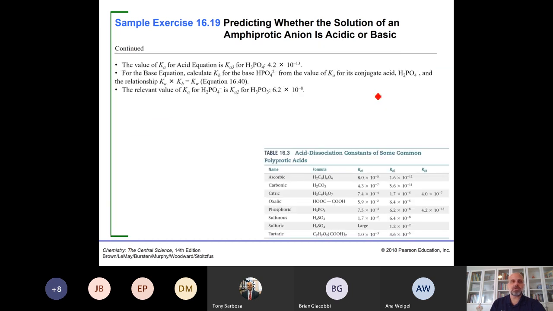So when we go through the calculation, you can see here that we're pulling a number. Go back to the laser pointer. The Ka2 that we're using is this second one, 6.2 times 10 to the minus 8.